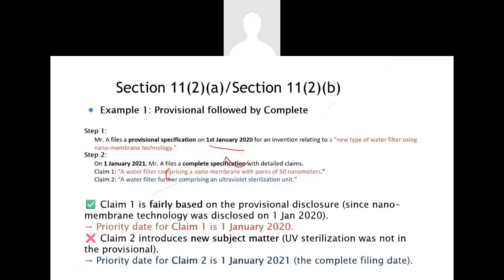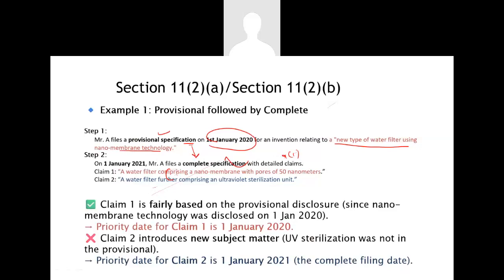Let's say Mr. A filed a provisional patent application for an invention related to a new type of water filter using nanomembrane technology. This was a disclosure in the provisional specification. As you know, under section 9(1), one has to supplement this provisional specification with a complete specification within a period of 12 months.